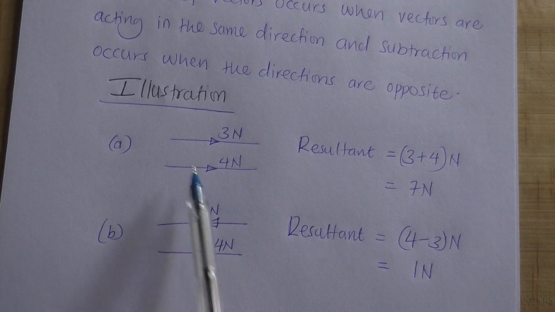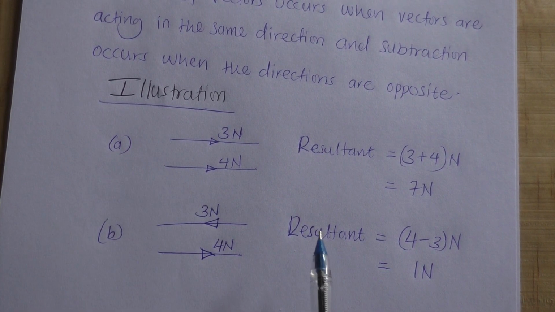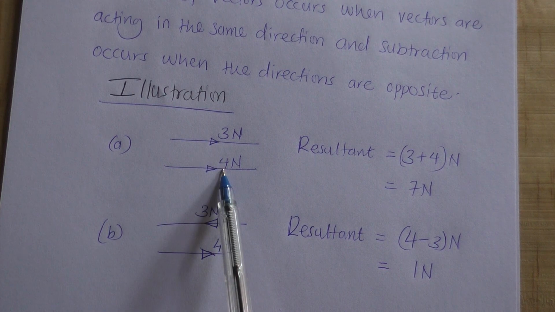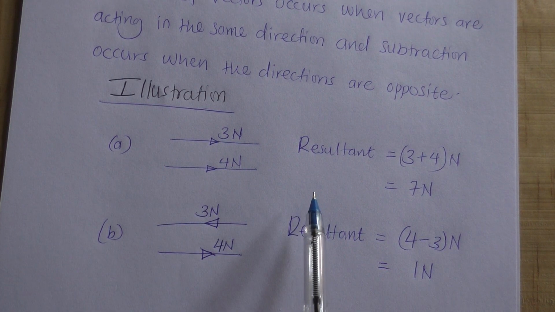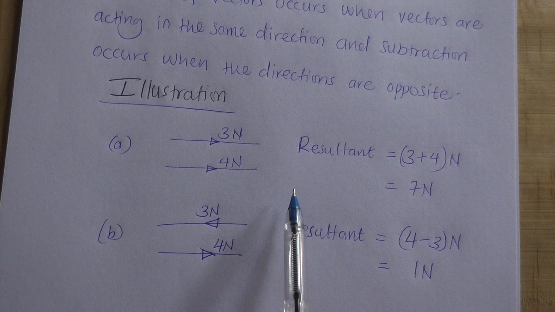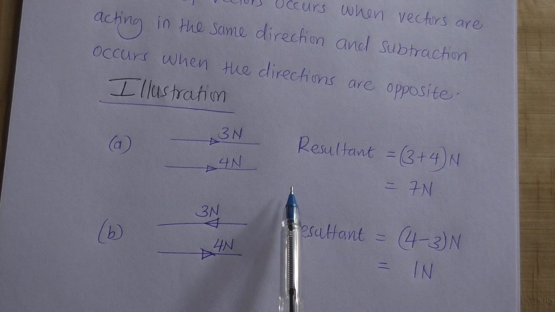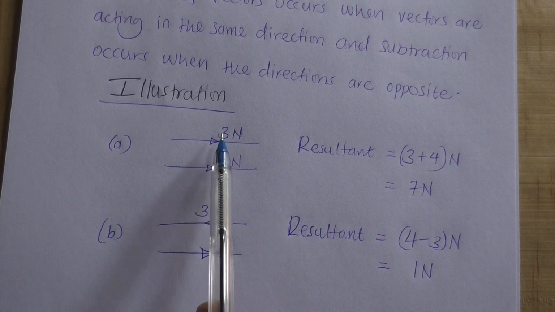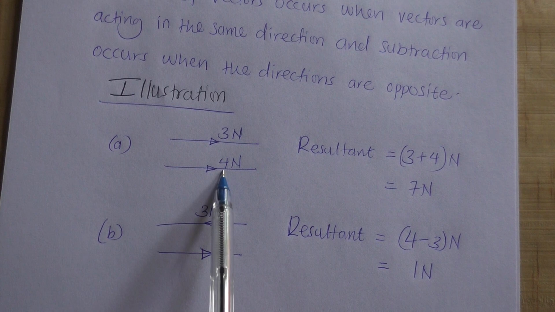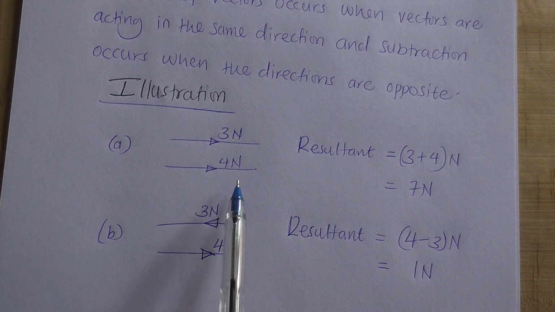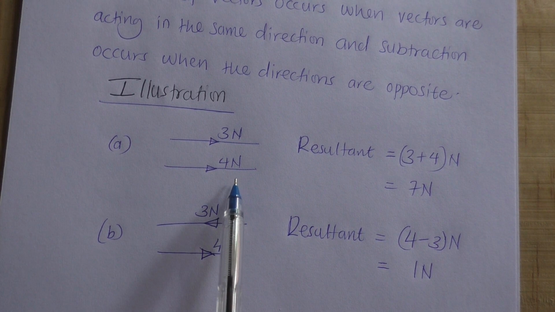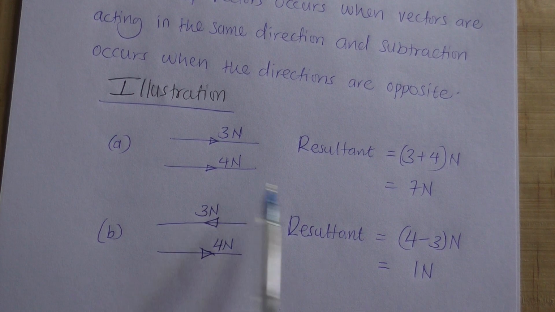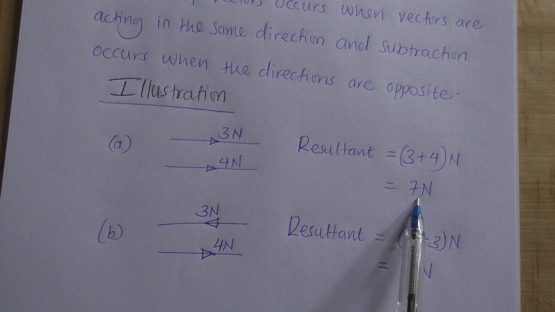In part A, we have two forces acting in the same direction, and therefore their resultant force is obtained by adding the two forces. That is, if we have 3 Newtons plus 4 Newtons acting in the same direction, we shall have a total sum, which is the resultant force, of 7 Newtons.